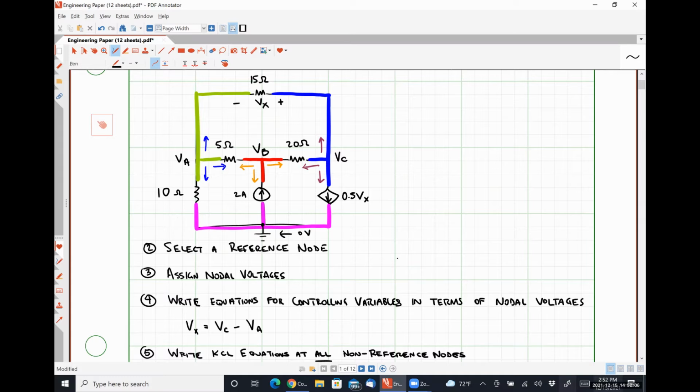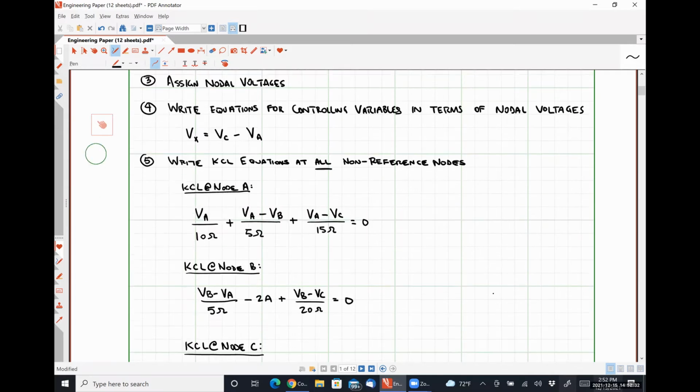The only place that VX should show up in these equations that we're writing right now is for our dependent sources. And then we'll do a substitution there later. So all of our voltage drops should be nodal voltage minus nodal voltage. All right. So what's it going to be?